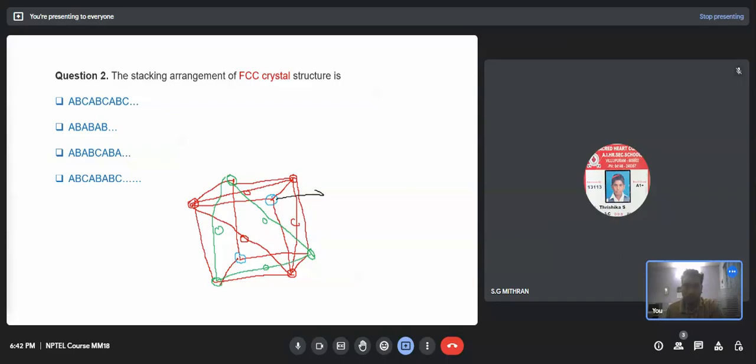The first one is the A layer, the second one is the B layer, the third one is the C layer, and the last one again repeats as A. So in FCC, the stacking arrangement is A, B, C, A, B, C manner.